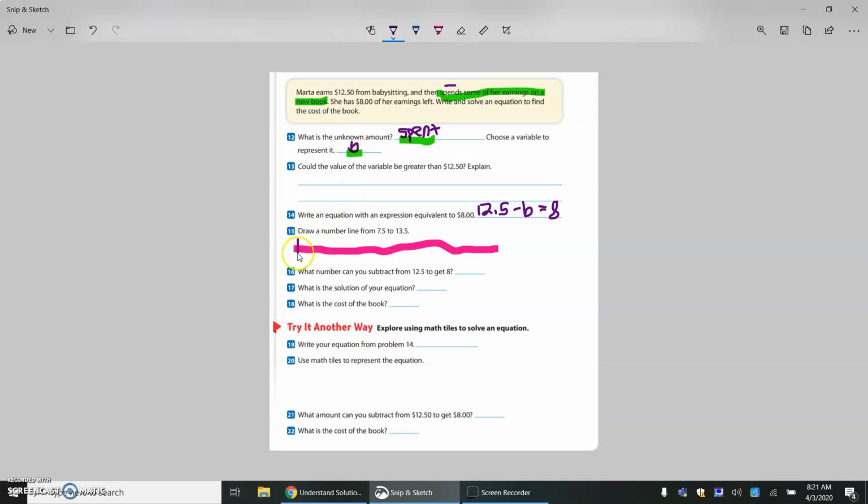So this is going to be 7.5. We're going to be doing increments of 1, so if that's 7.5, this is going to be 8.5.